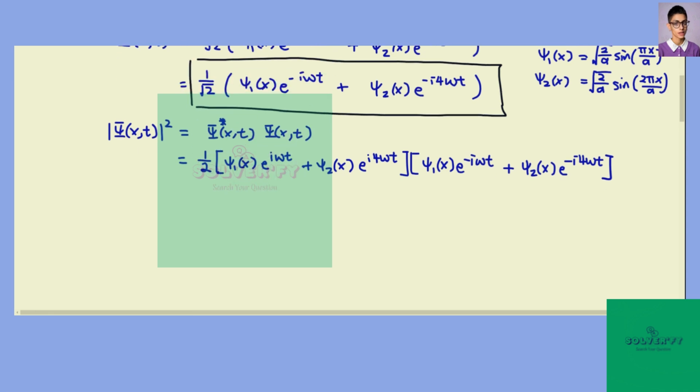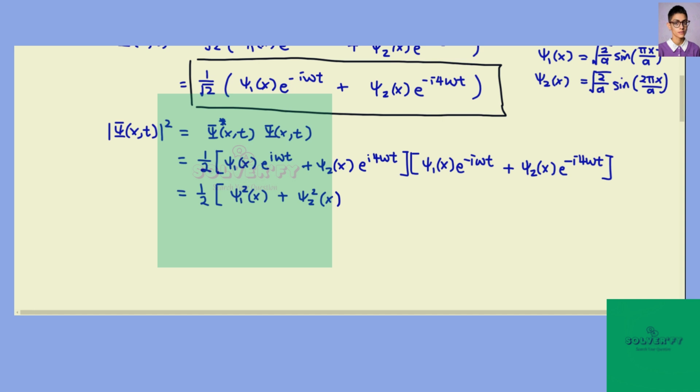Then you just multiply, so you have psi 1 squared. This term multiplied with this term, the exponential terms cancel out, and you also have psi 2 squared as well.